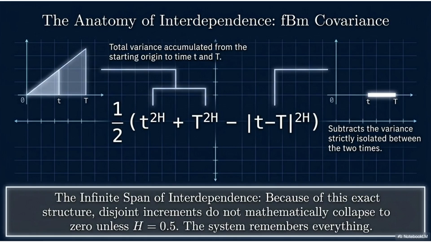Because of this exact structure, disjoint increments do not mathematically collapse to zero unless our H parameter is exactly 0.5. As it is stated here at the bottom, this creates an infinite span of interdependence, so the system remembers everything.